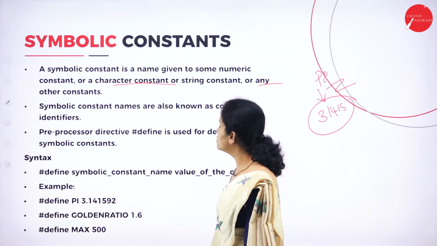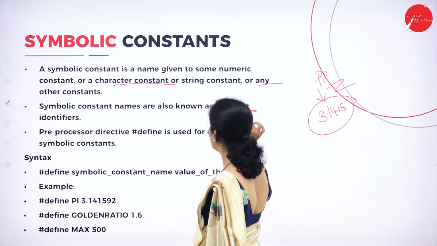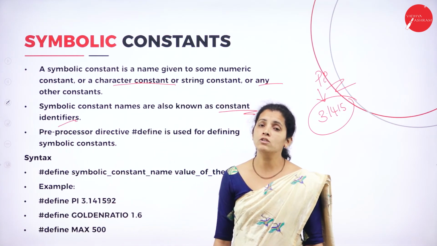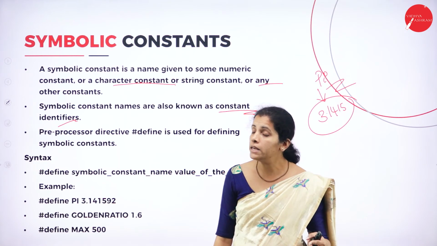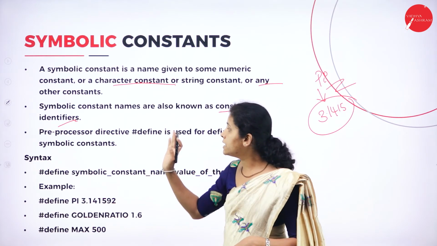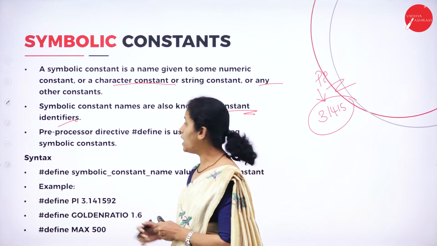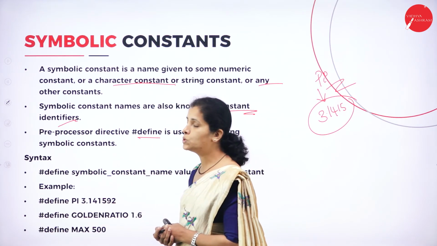Symbolic constant names are also known as constant identifiers. That means the symbolic constant is also referred to by the name constant identifier, and the preprocessor directive hash define is used.